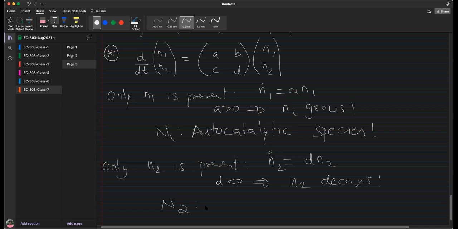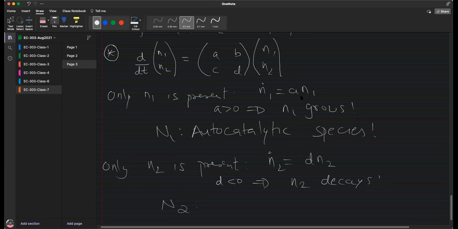Can you just repeat your statement? So when I'm saying A is greater than 0, that means that the system is unstable with respect to N1, right? It doesn't mean it's unstable, because stability is determined by the eigenvalues entirely, not just A. So what happens is, when you make a perturbation only in N1, N1 dot is A N1, right?